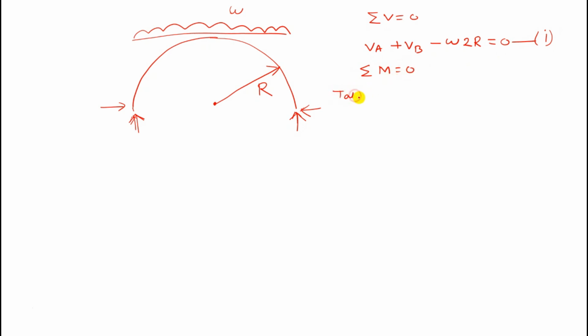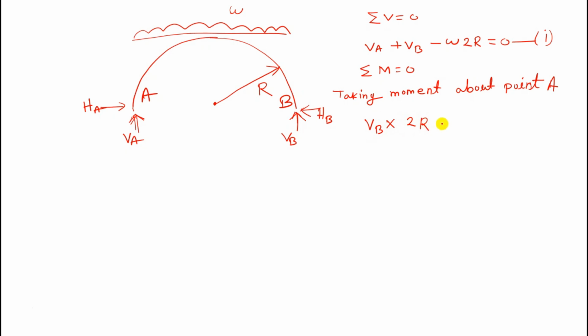So taking moment about point A, so VB into 2R minus W into 2R into R equals to 0.